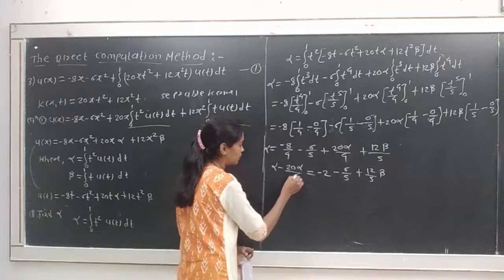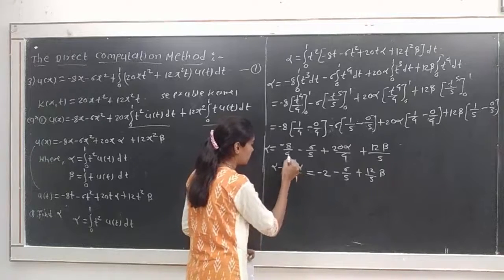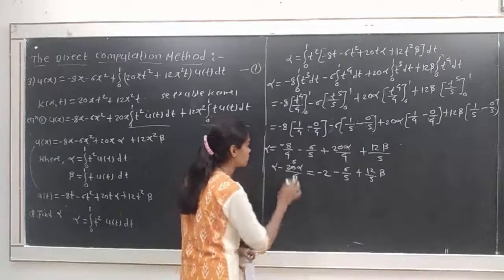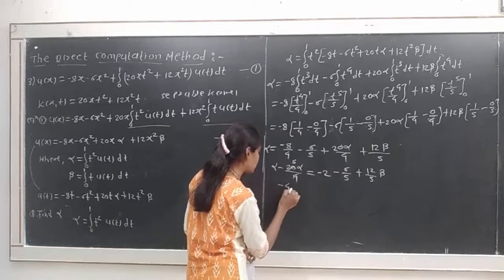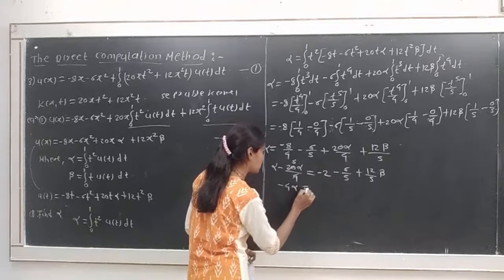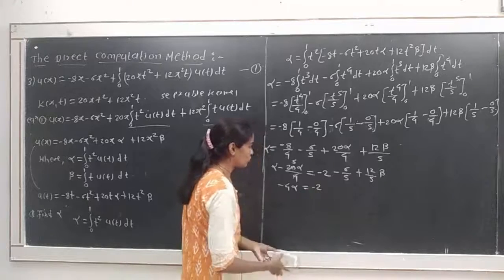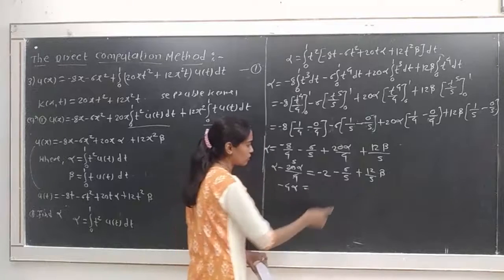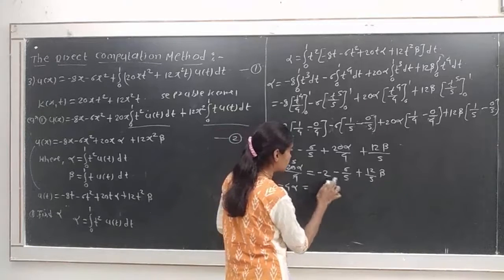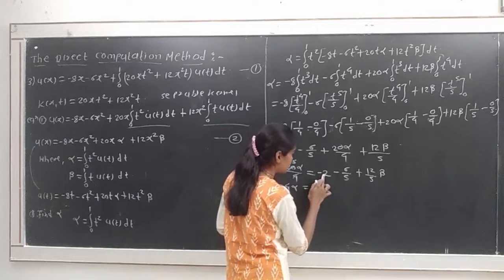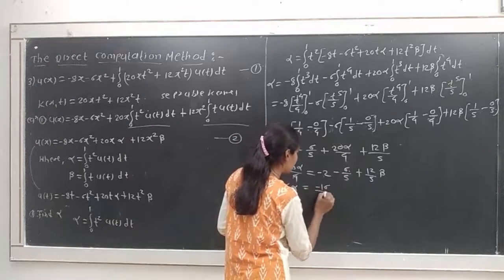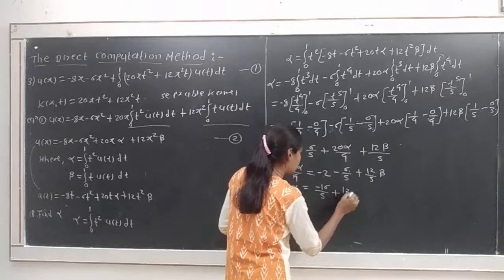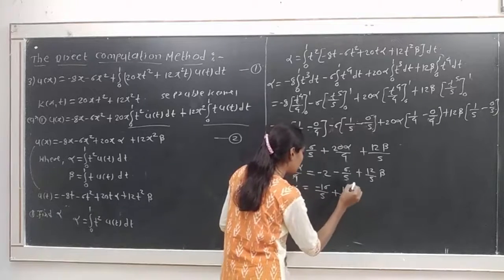Also 4 fives are 20, so we get alpha minus 5 alpha, minus 4 alpha is equal to minus 2. Or we can cross multiply: minus 5 into 2 will be minus 10, minus 10 minus 6 will be minus 16 divided by 5 plus 12 divided by 5 into beta.